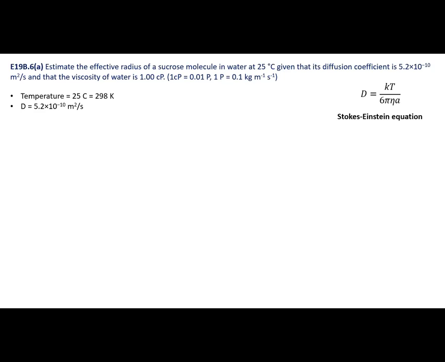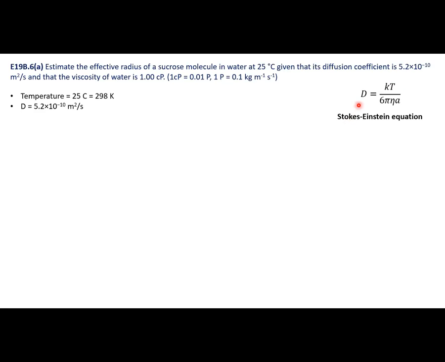Estimate the effective radius of a sucrose molecule in water at 25 degrees Celsius, given that its diffusion coefficient is 5.2 times 10 power negative 10 meters squared per second, and that the viscosity of water is 1 centipoise.